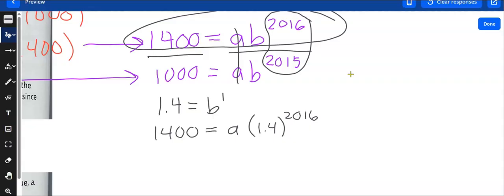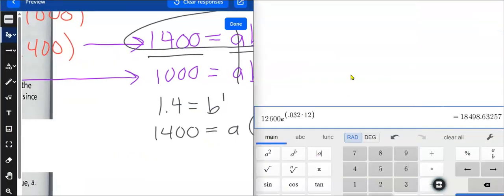Whoa, it didn't like that, did it? Did your calculator have a difficult time like mine did? I don't even know if Desmos will do it.